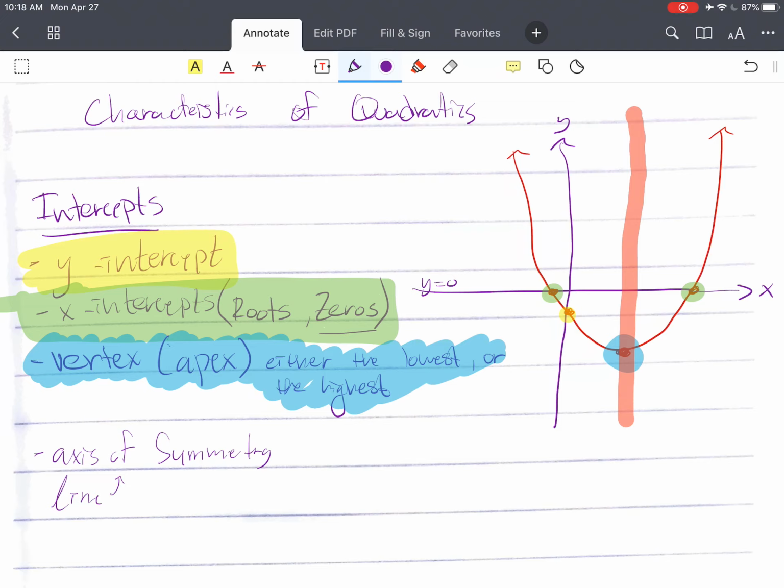This is essentially where the reflection occurs for the parabola. And the equation looks something like x equals a number. In this case, it looks like 3 or 4 or whatever. So sometimes I'll talk about the axis of symmetry. That's just asking where's the line of reflection. Actually, I'll color code this.